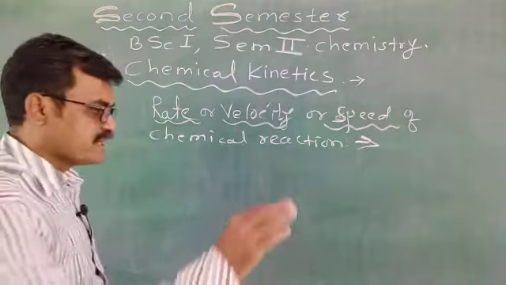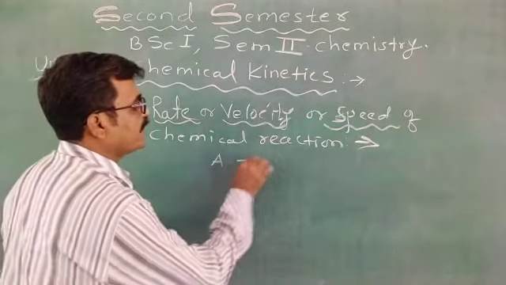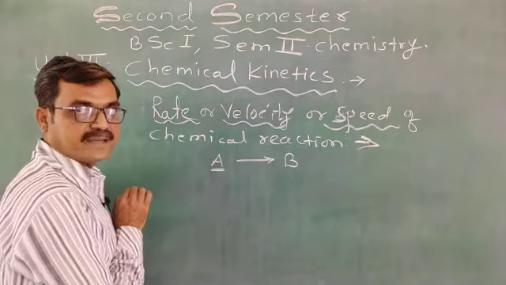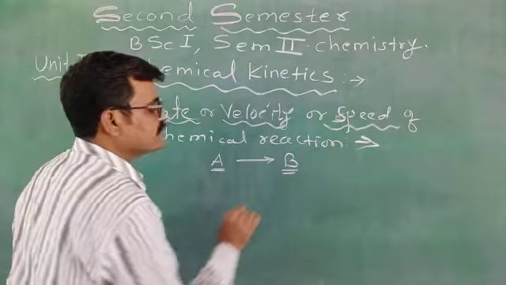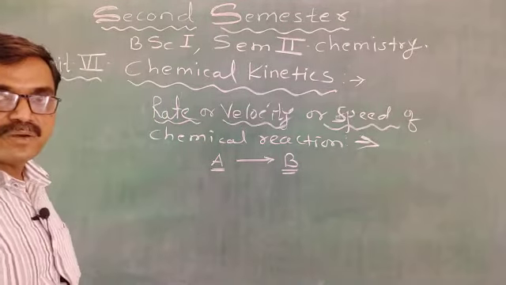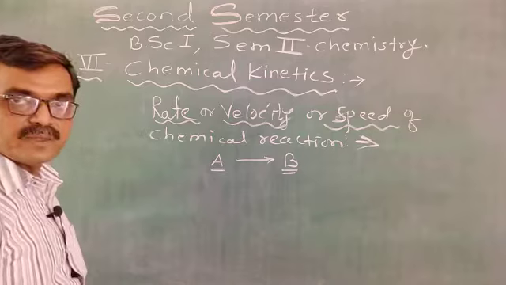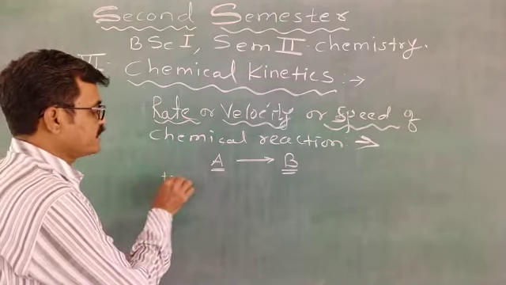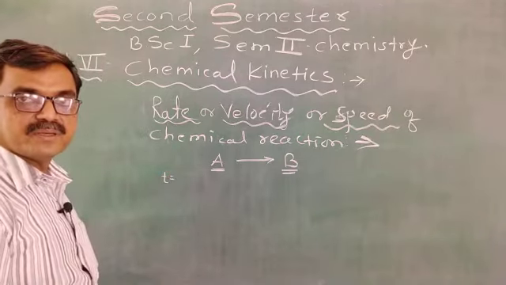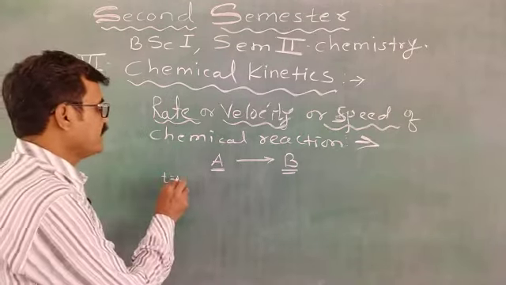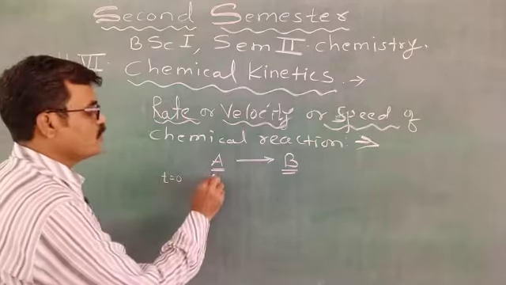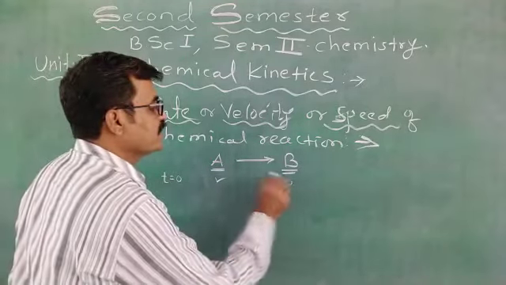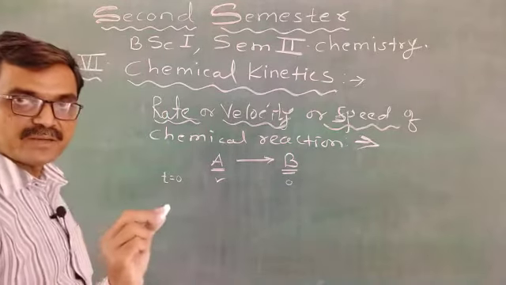Now consider a general reaction. Let me consider A gives B. Here you know A is the reactant, B is the product. Now again, when the reaction is at rest, means before reaction, when time is 0, there is only A before reaction. B is not present, it is 0 before reaction.